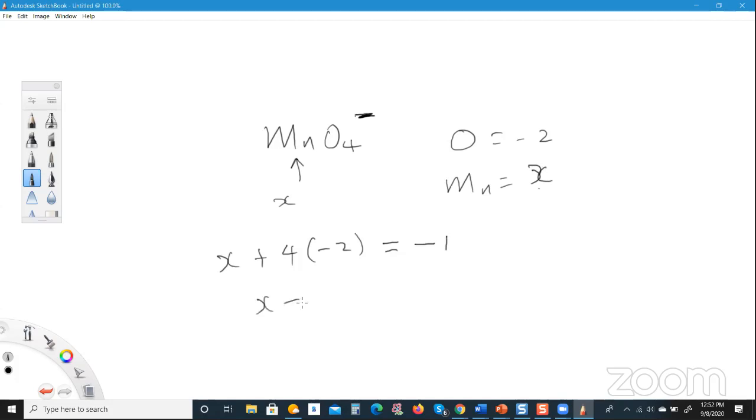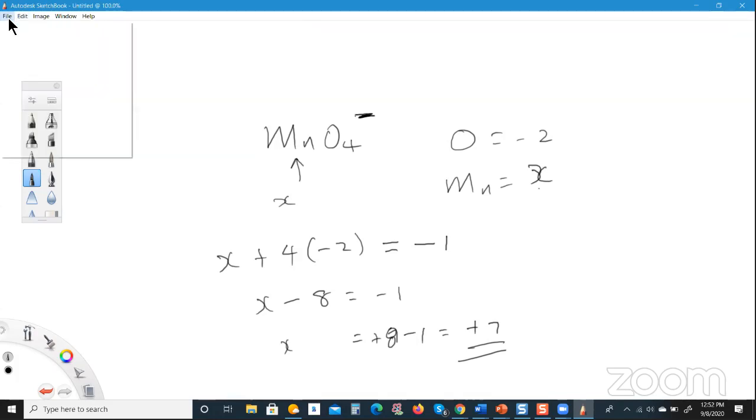So X minus 8 is equal to -1, which means that X is equal to +8 minus 1, sorry, which is +7. So the oxidation number of manganese in this compound is +7. All right? Any questions about this one?